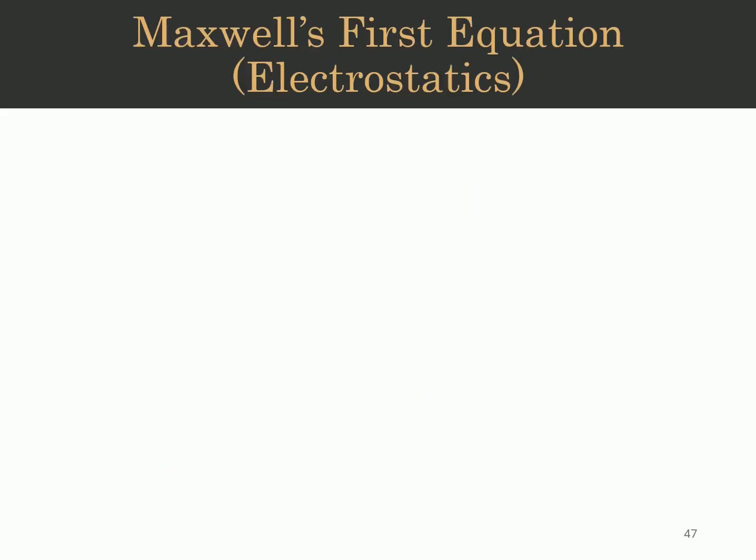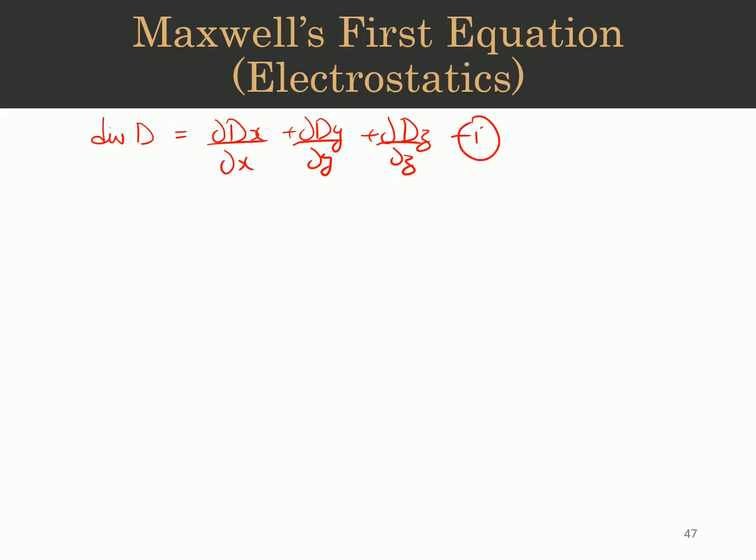Now let us see how we can use these equations to reach the first equation, which is known as Maxwell's point form equation. If we combine the two equations of divergence, what does it mean? We have divergence of D as the partial derivative of Dx along x, plus the partial derivative of Dy along y, plus the partial derivative of Dz along z. This is the first equation which we found for the asymmetric Gaussian surface.